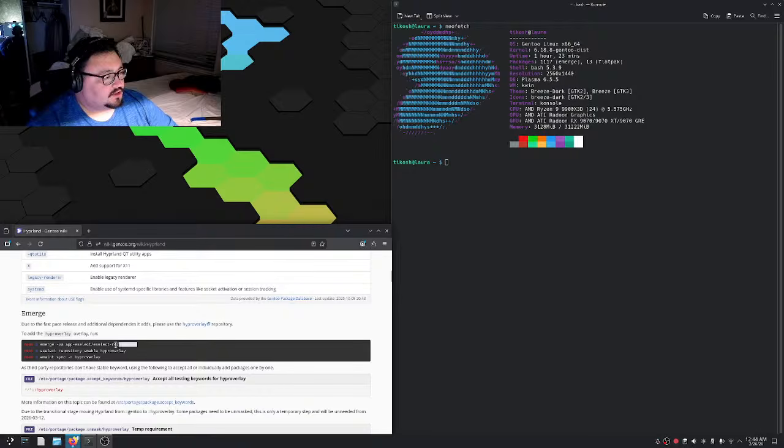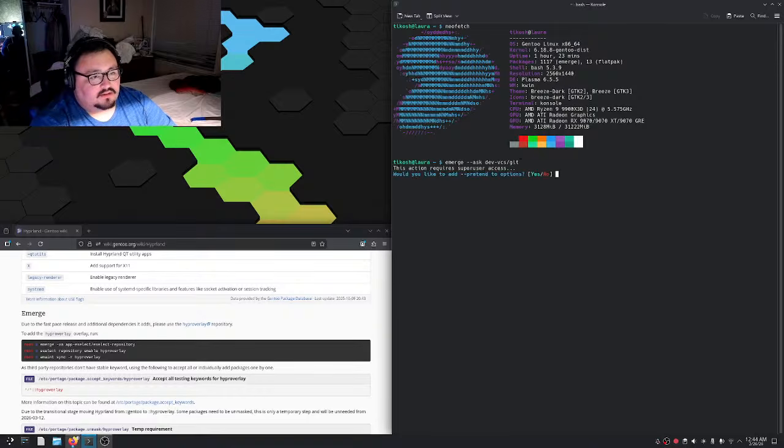The first thing to do is to install eselect-repository. I already have that installed, but you also have to install git, which is emerge --ask dev-vcs/git.